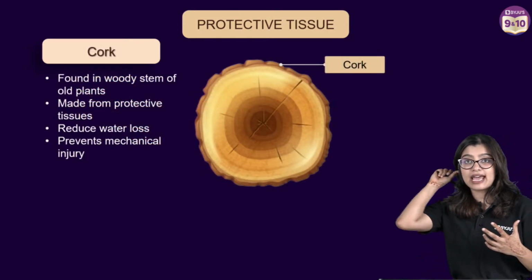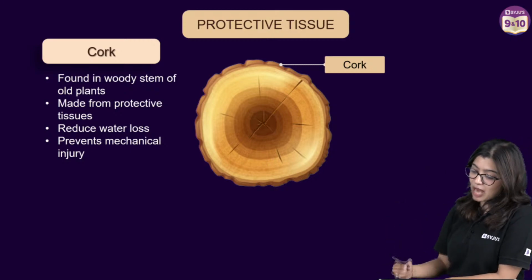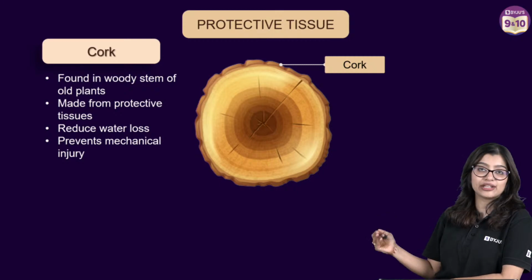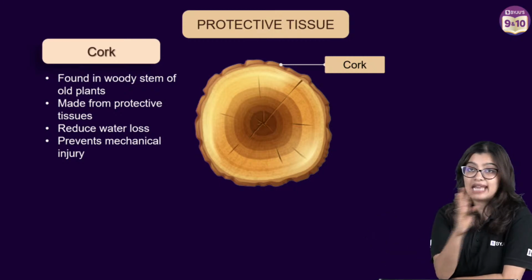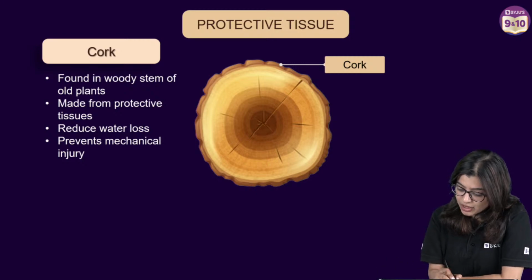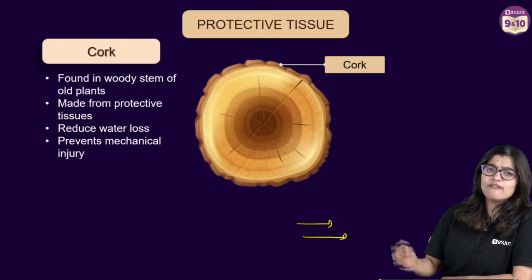And cork is something that we observe in older plants, where as the plant grows older, the protective tissue starts to undergo various changes. We know that we have a lateral meristem, and in that we have a secondary meristem, which undergoes certain changes and results in the formation of cork cells.